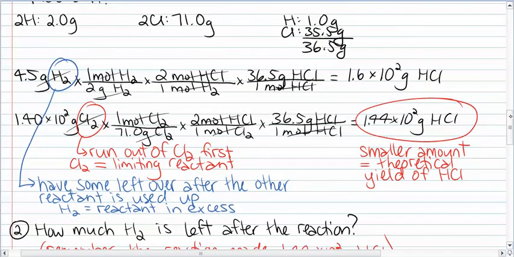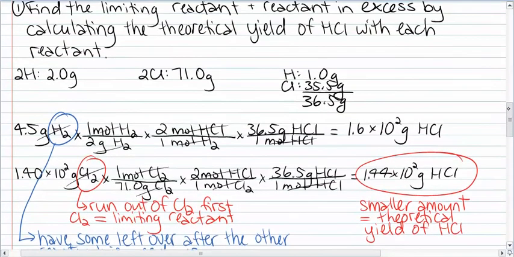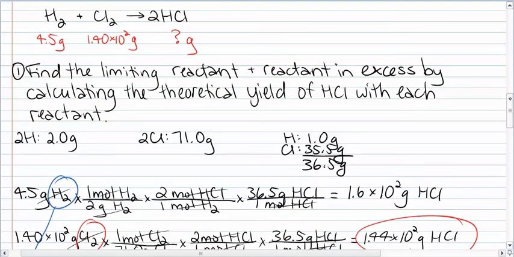So we're trying to figure out how much H2 is left after the reaction. We need to remember that the reaction made 1.44 times 10 to the power of 2 grams of HCl. So that's how much is going to be produced. So we need to work backwards now and do a mass-mass calculation from HCl to H2 to figure out how much H2 gets used up to make the HCl.